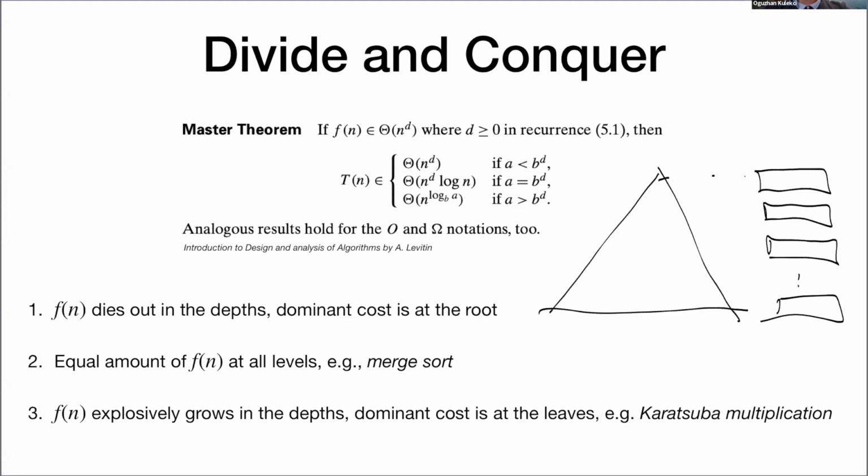I just need to multiply this fixed amount of work with the height of this tree, and I know that the height of this tree is log_b n, so the constant is not important. That is why my total cost turns out to be n to the d times log n.